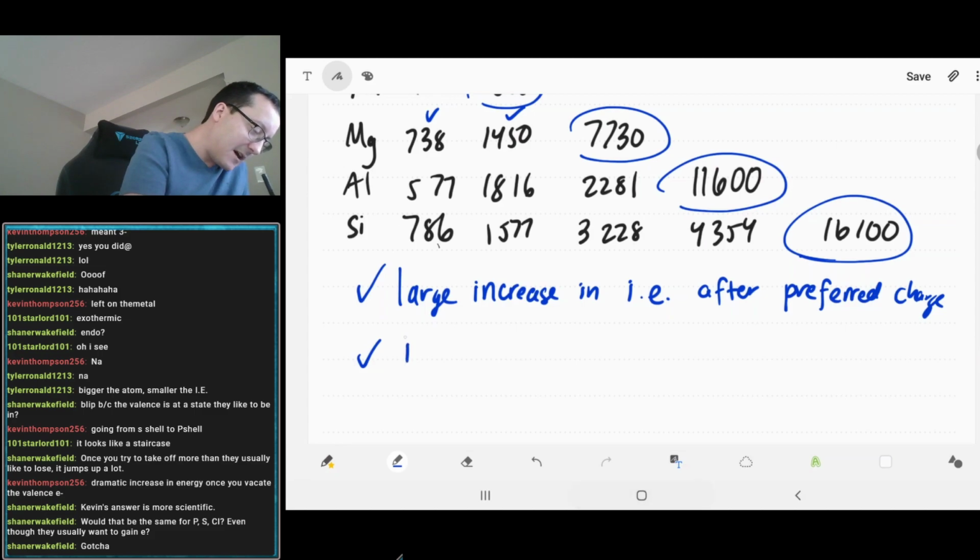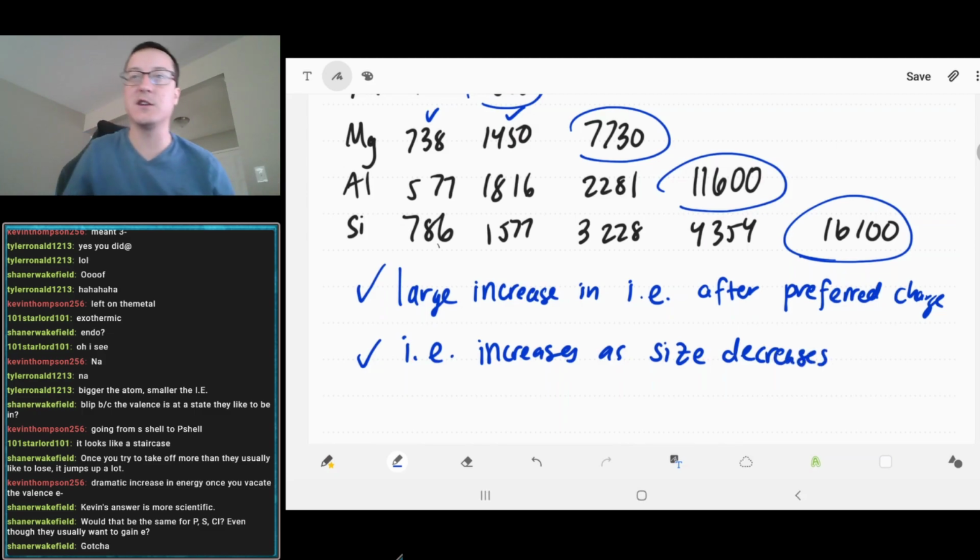Another thing is that ionization energy increases as size decreases. Okay, so we have 2 things to worry about with ionization energy, and that's it. So again, we're not really doing math here. We are just looking at trends. Okay?